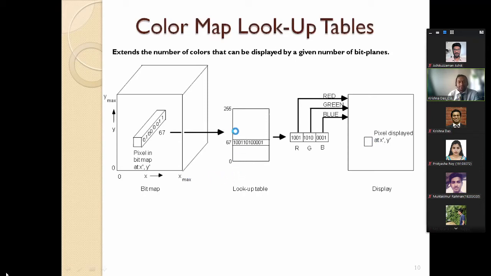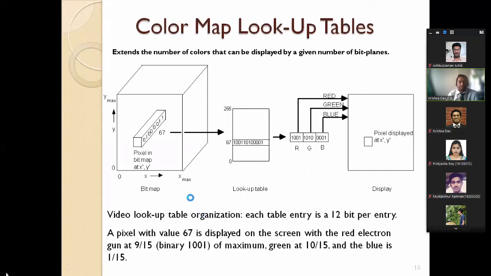In the table, it can be defined, and at the end of the day, the intensity values for red, green and blue that they are going to get can be shown in the display here. This is called the video lookup table organization, and each table entry is 12 bits. So the color depth is 12 bits for every pixel, meaning the color has been defined in 12 bits.